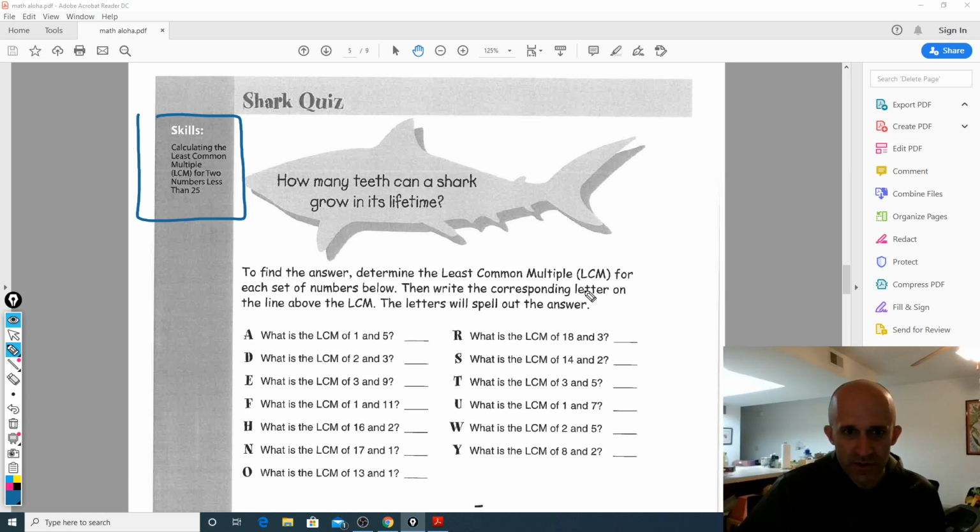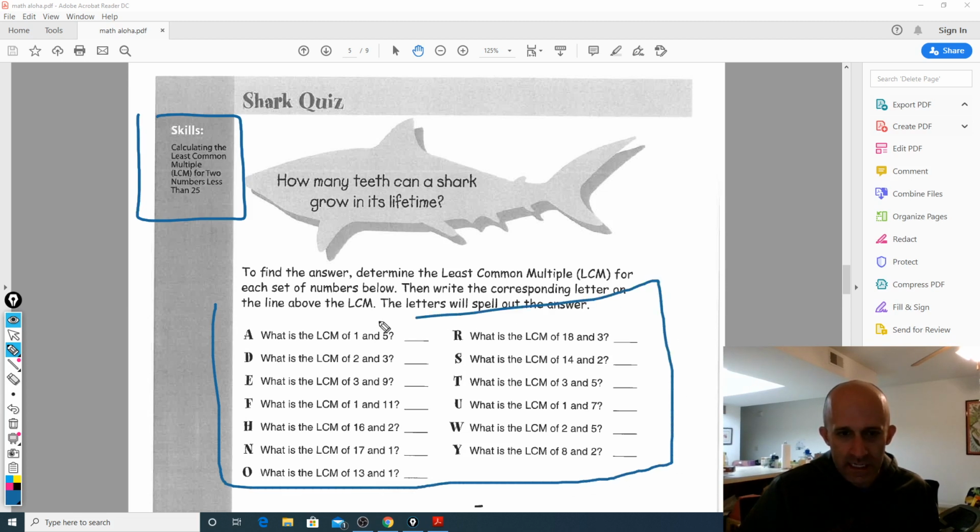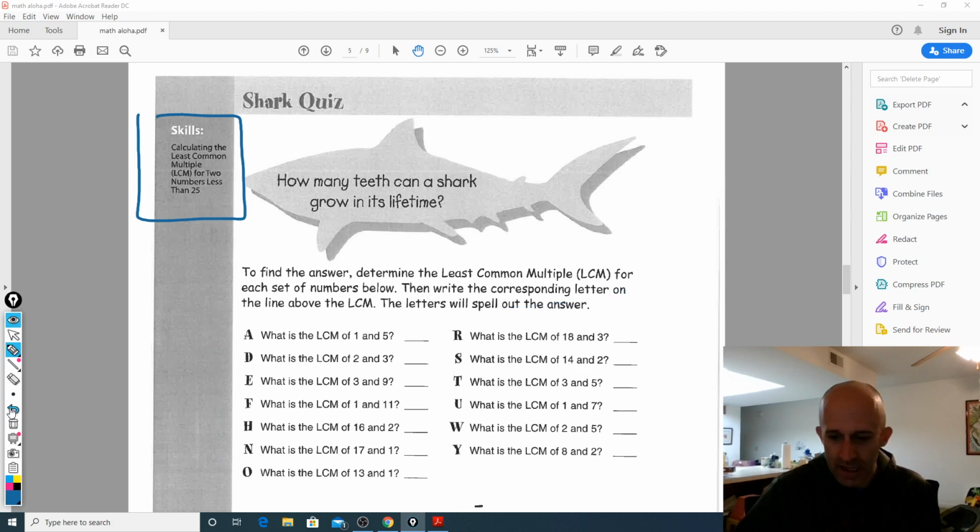I will totally admit these numbers you see down here, when it comes to finding least common multiple, are very, very simple. But knowing how to find least common multiple is something I'll show you in a minute.